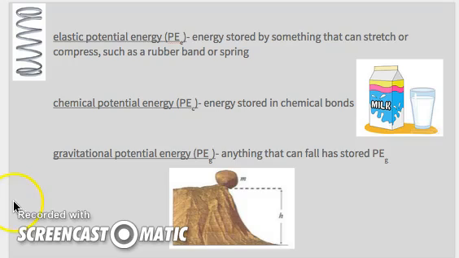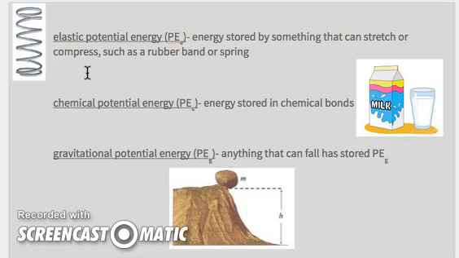Okay, next we have these three different types of potential energy. The first one is elastic potential energy, and we can see here that elastic potential energy is energy stored by something that can stretch or compress, like a rubber band or a spring. That's why we have a picture of a spring here. Feel free to draw that in your notes in the margin too, beside this definition, so you remember what elastic potential is all about.